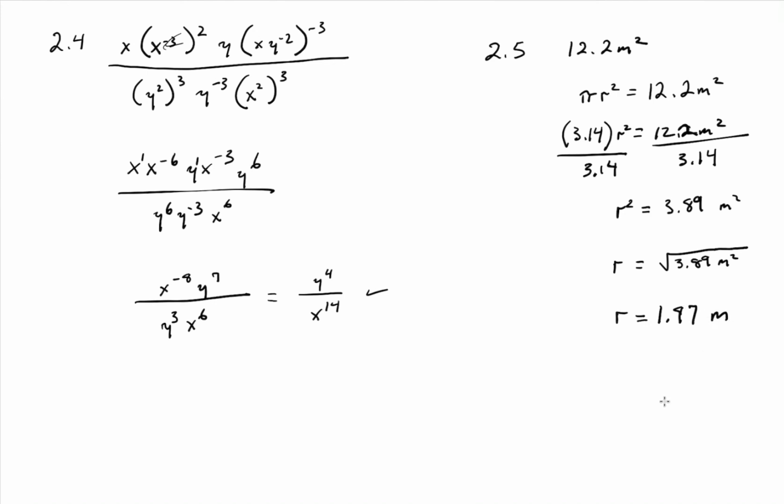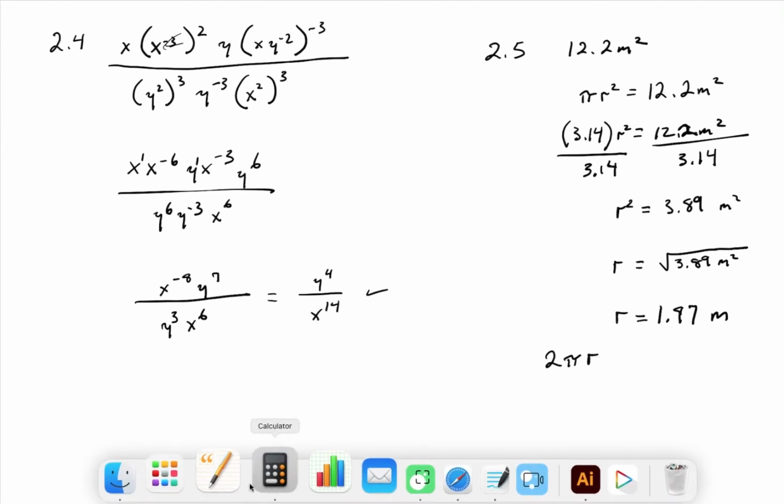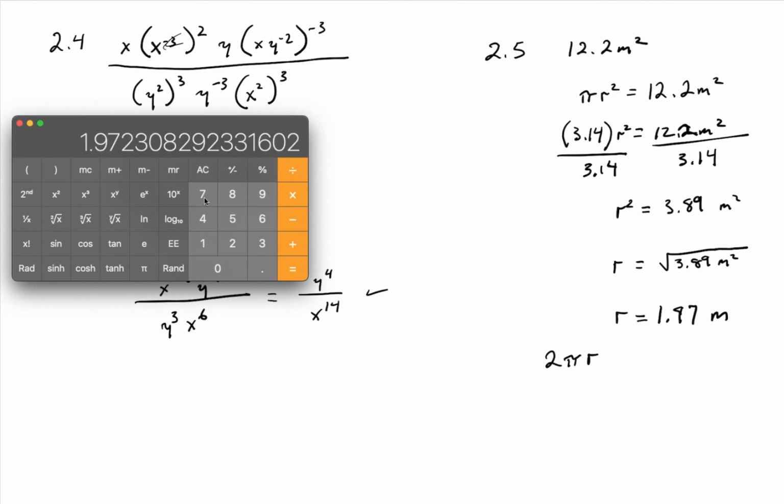So in order to find the circumference, now we take the radius and apply it to our circumference. And our circumference formula is going to be 2 pi r, right? So we take this number here, 1.97 times 2, and that equals 3.94 times pi.